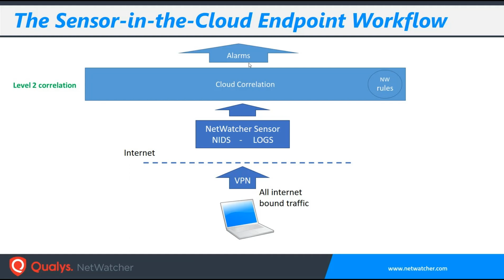What it is, a VPN that turns on when somebody leaves the corporate network. If the asset is on the corporate network and it sees a sensor, it turns itself off. But if it does not, it leaves itself on, so it encrypts everything going outbound over the internet from that device. You can do split route, so you can give it an IP address not to route as well.